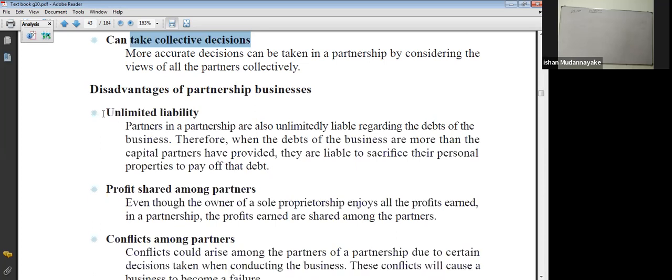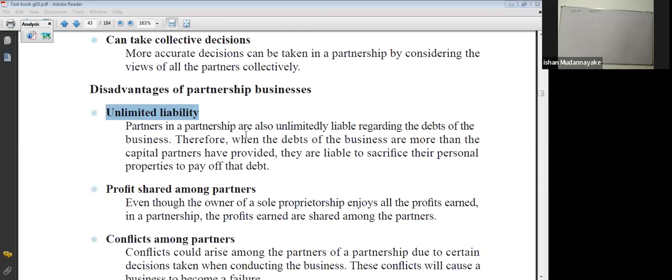What are the disadvantages? Unlimited liability. If the business organization is unable to pay external liabilities, for example a bank loan, then partners may have to bring cash from their homes.